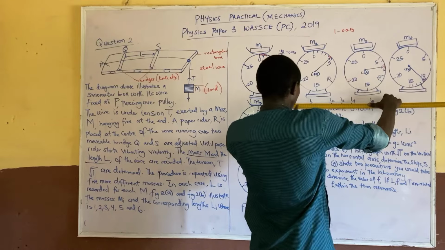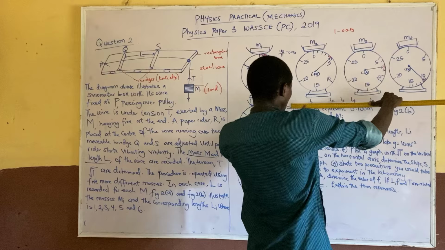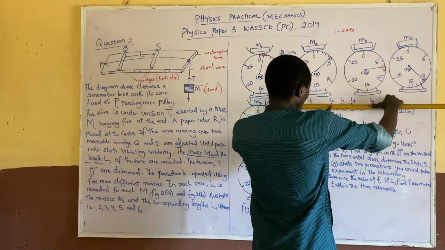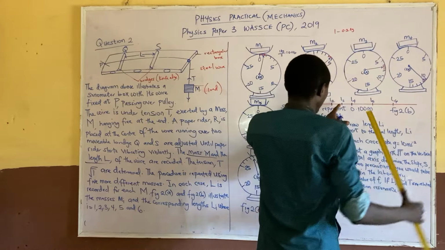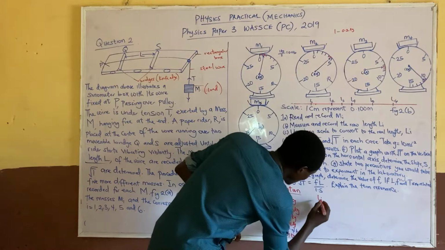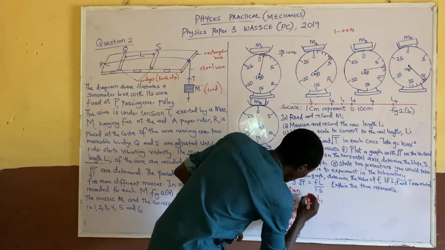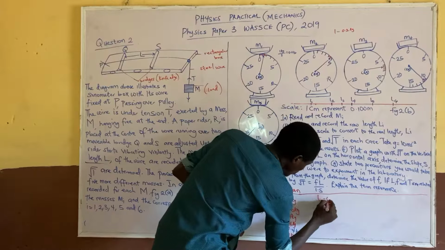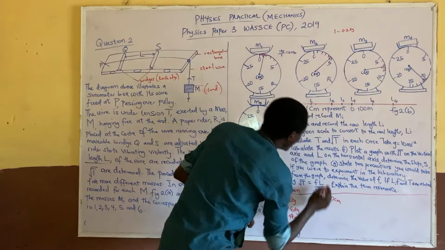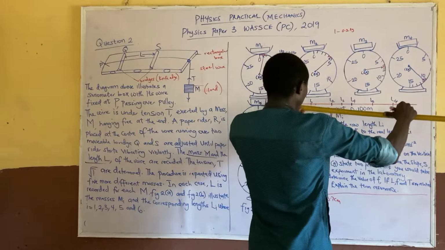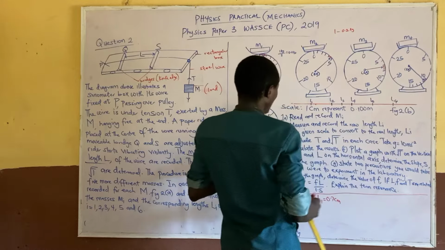From this point to this place is 1.4. So L1 is 0.7 centimeter.